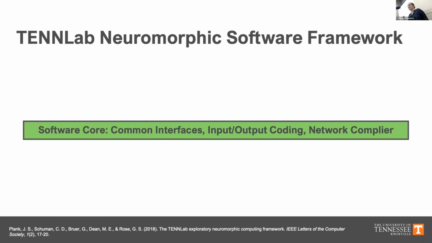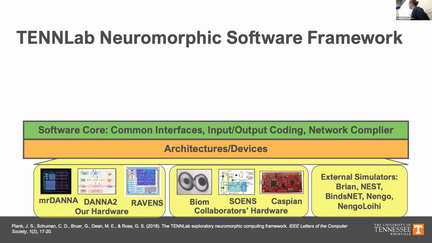Now, why do we do this? It's because there's a ton of different work in neuromorphic computing that is largely disconnected from each other. So we have this core to allow us to connect different hardware implementations, both those that we're developing at the University of Tennessee. We do a lot of memristive-based neuromorphic implementations.